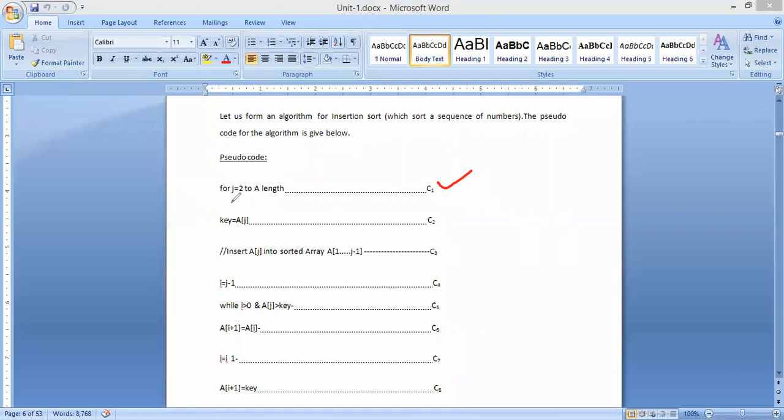In the first step, we have one for loop, which is going to execute from J to A, and each time this value is going to transfer to this key. How many times does this loop execute? Let's suppose A is n.